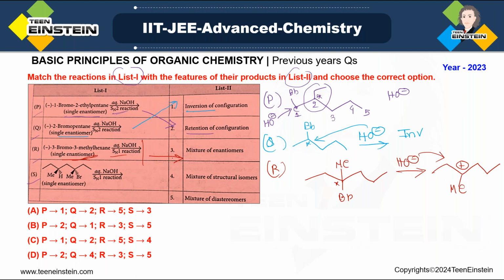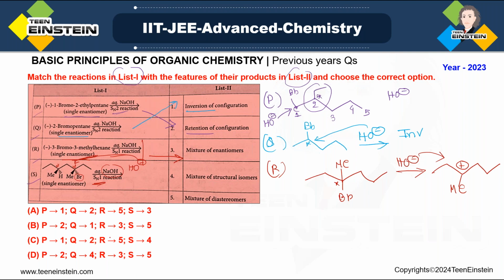And what about the last one? In the last one, the molecule is already drawn, and if you watch carefully, this is a chiral center, this is also a chiral center. But when you are attacking with hydroxide ion, this hydroxide ion will attack at the carbon where bromine is present. Now at this second chiral center where bromine is present, SN1 mechanism is going on.